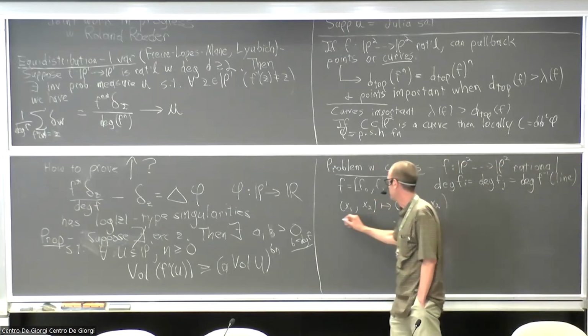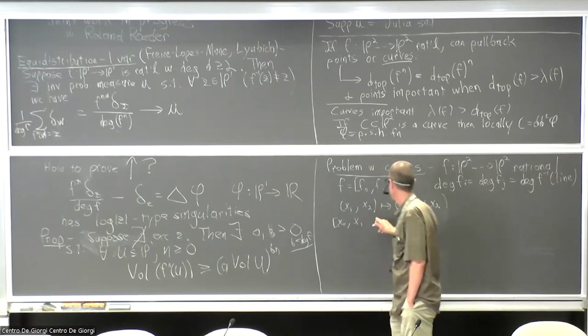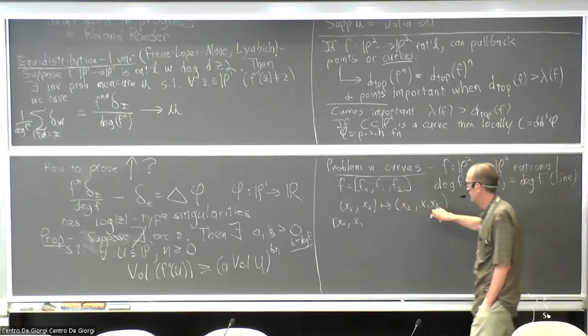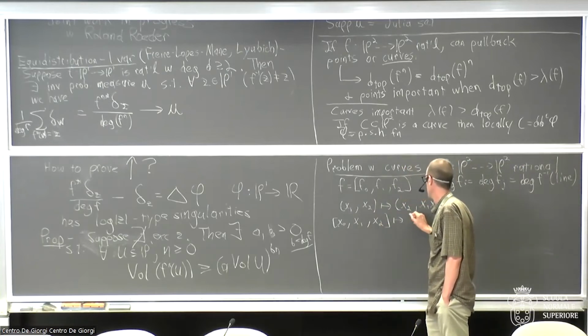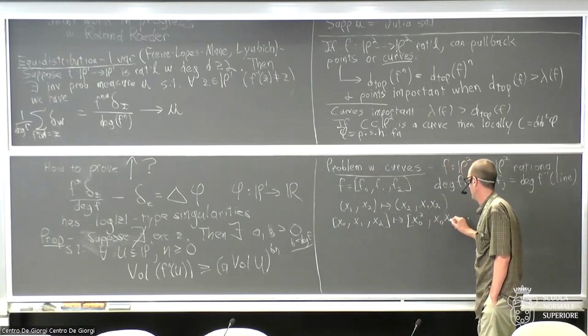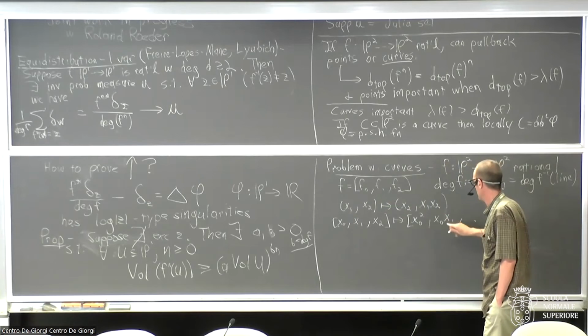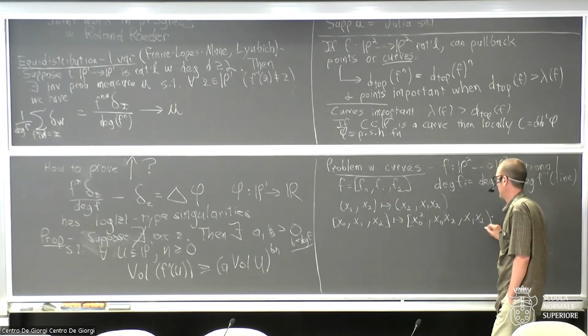That's a map in affine coordinates. In homogeneous coordinates, it looks like this. Actually, you can tell, even in affine coordinates, the degree is probably going to be 2, but oh well. x0 x2, x1 x2.